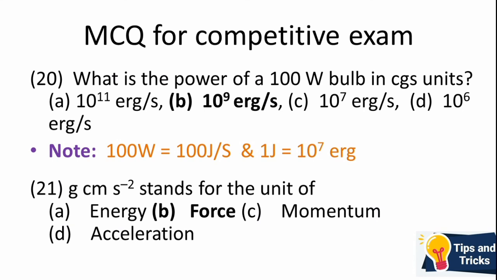Momentum in CGS unit is gram centimeter per second. Acceleration in CGS unit is centimeter per second square. So force in CGS unit is gram centimeter per second square. So the correct option for question number 21 is B. So gram centimeter per second square stands for the unit of force.